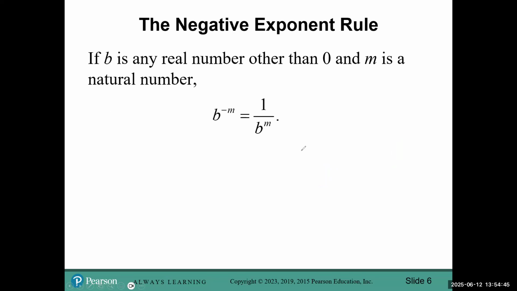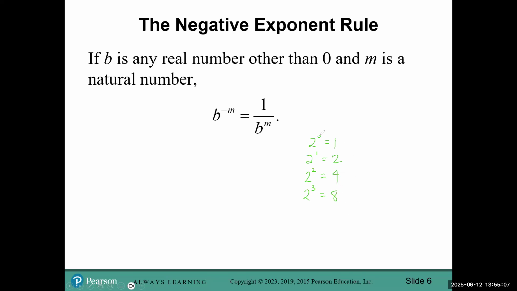Okay, so 2 to the 0, that's 1. 2 to the first, just a single 2, so that's 2. Anything to the first power is just itself. Squared, I multiply by itself twice, and we get 4. And then cubed, 2 times 2, 4 times 2 is 8.